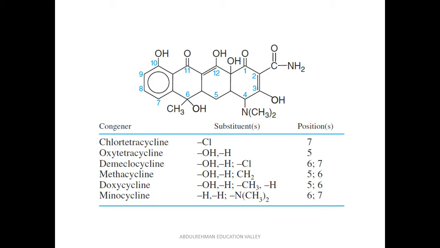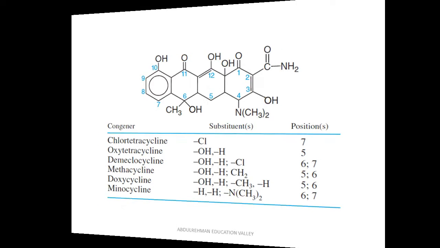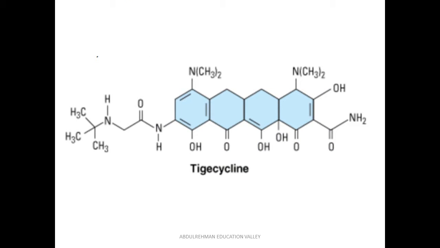Free tetracyclines are crystalline amphoteric substances of low solubility. They are available as hydrochlorides, which are more soluble. A newly approved tetracycline analog, tigecycline, is a glycylcycline and a semi-synthetic derivative of minocycline.